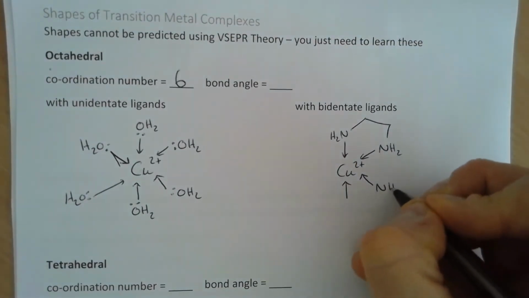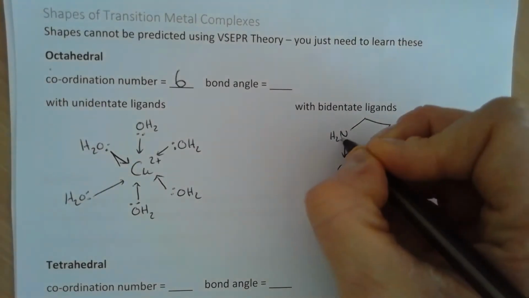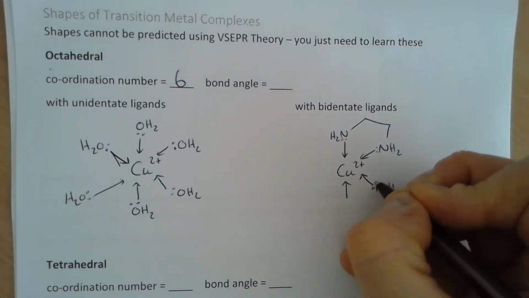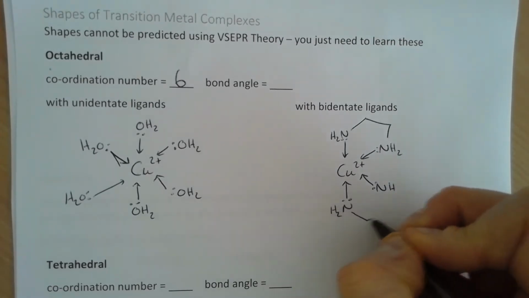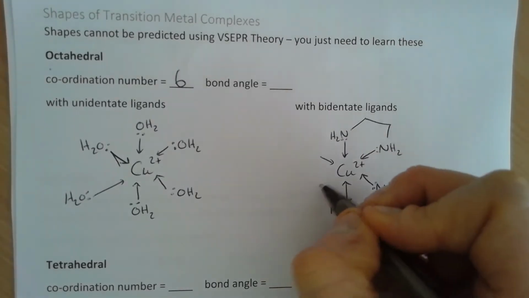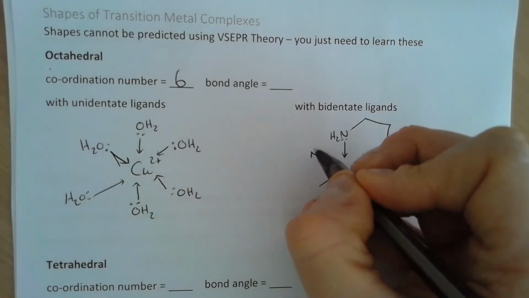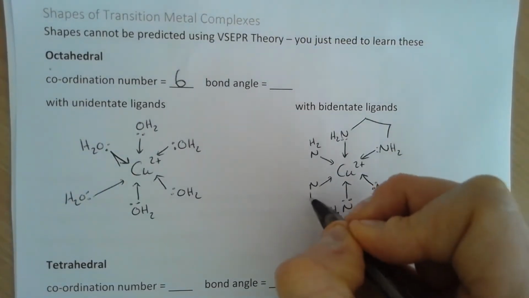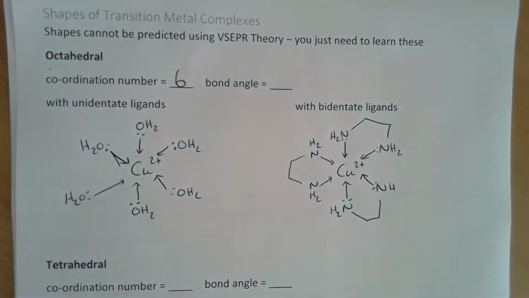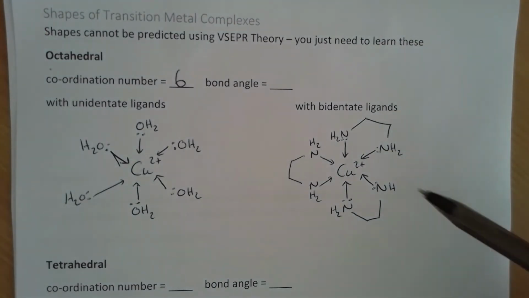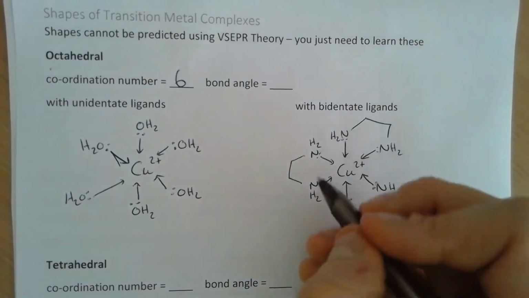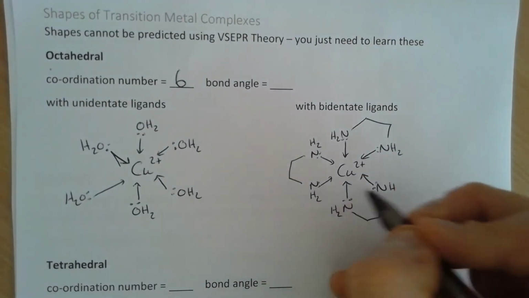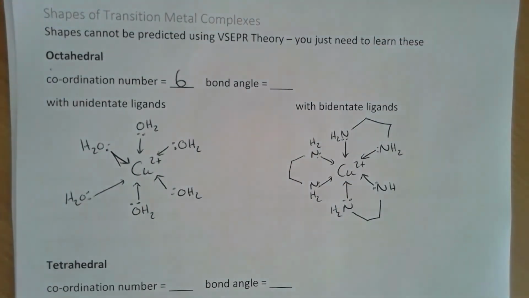So in this case I will have 3 1,2-diaminoethane ligands complexed, dative covalently bonded to the copper 2 plus ion. Notice that the coordination number is still 6. We've still got 1, 2, 3, 4, 5, 6 dative covalent or coordinate bonds.